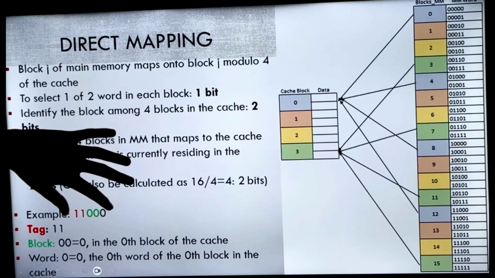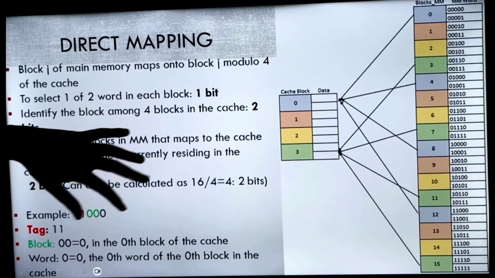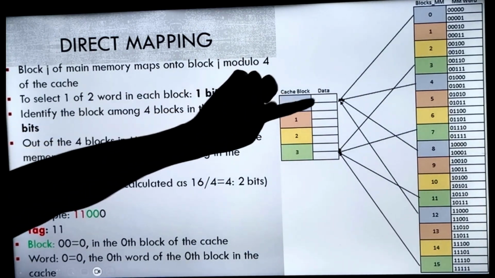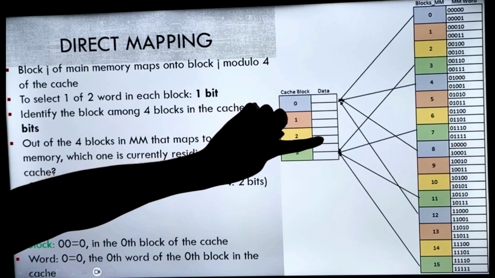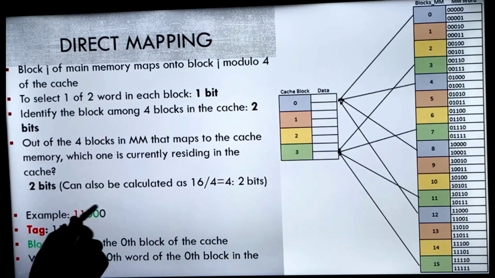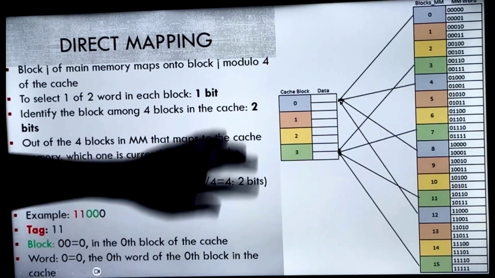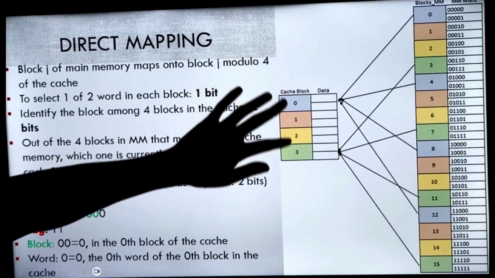So first few bits will be reserved from the right hand side for word. Now how many words are there? 2 words are there in each block if you see. So how many bits do I need? Only 1 bit. So 1 bit will be reserved for word. This black color means this is for word. Next I need to get the block. So how many blocks are there? Total 4 blocks in cache.